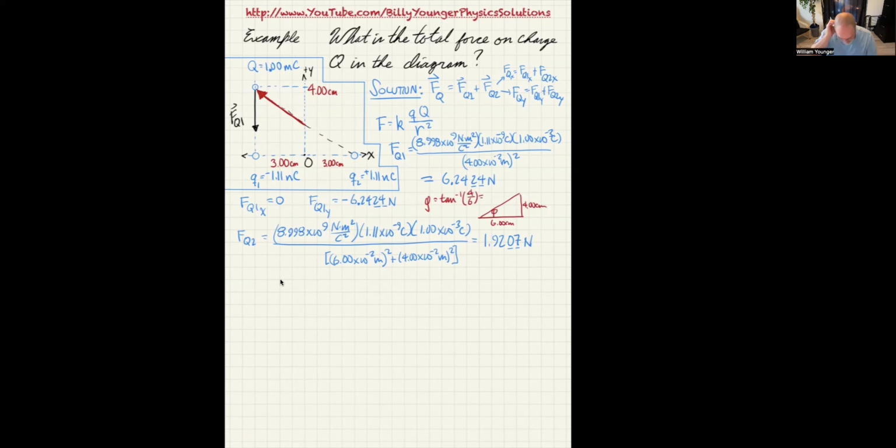And I'm going to use 4 sig figs just to be safe, so I'll say tangent inverse parentheses 4 divided by 6 close parentheses. This gives me 33.69 degrees. So that means this angle right here is 33.69 degrees.